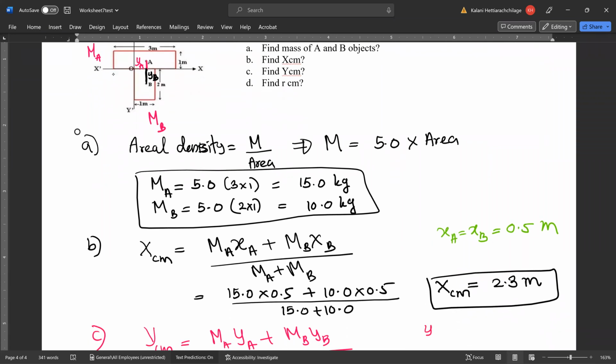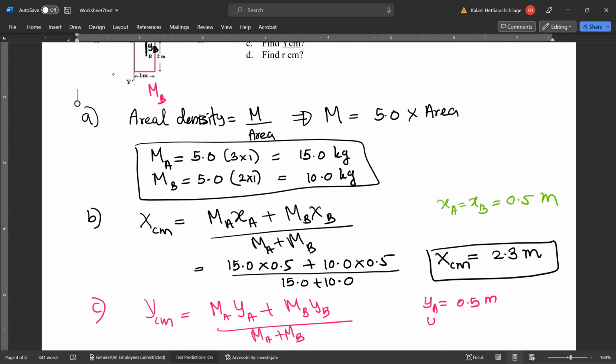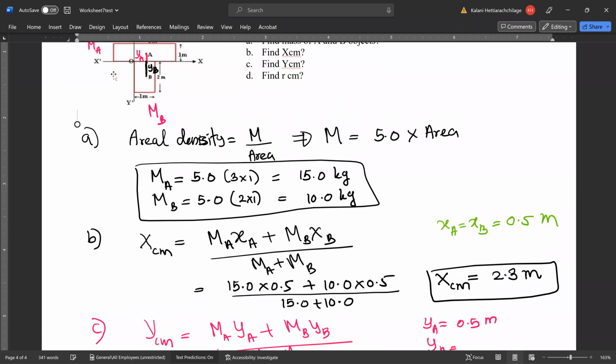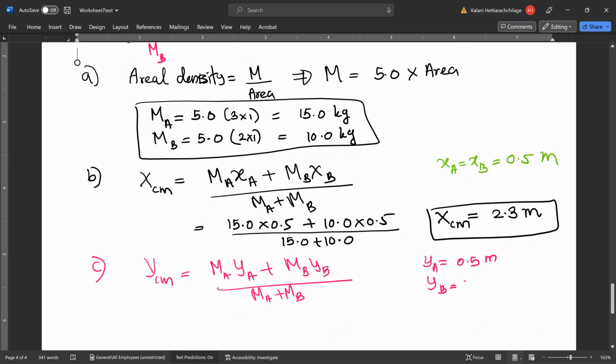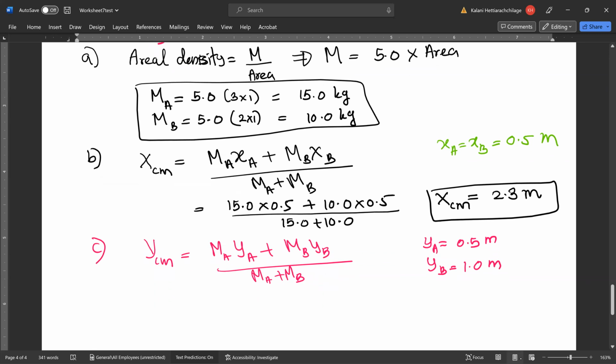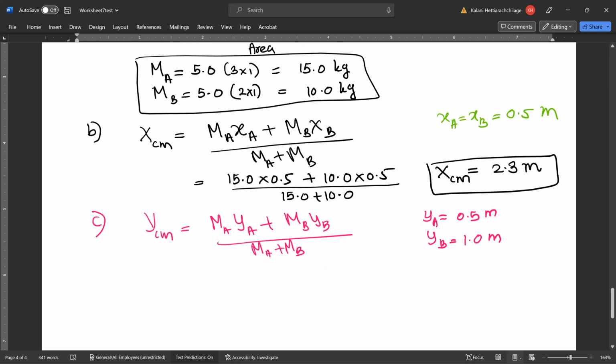So now what are yA and yB? Let's write it in here. yA is equal to the vertical height, that will be 0.5 from the origin, and yB is equal to how much? It is in the negative direction, and this is 2 meters, 2 divided by 2, that is 1 meter. So now you can take a look in here if you want one more time.